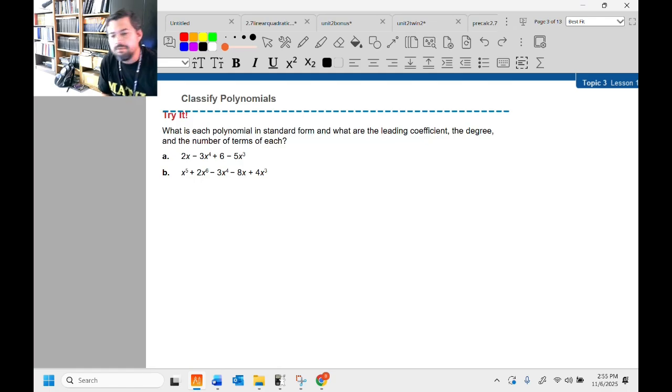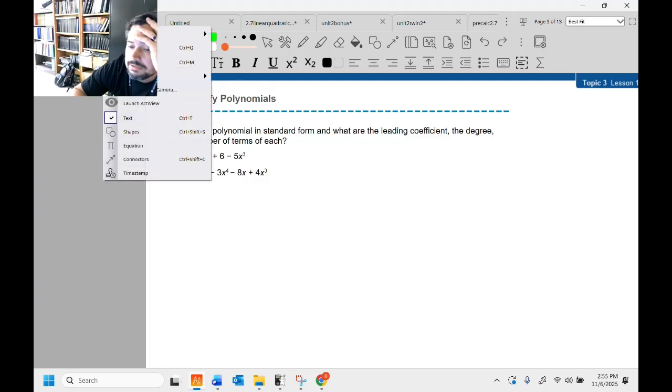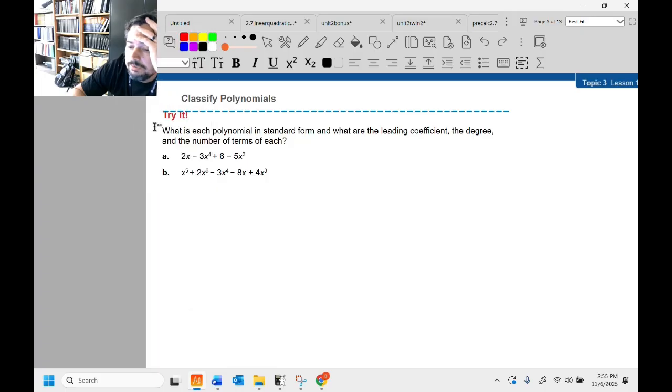All right, so here we have a try it. What is each polynomial in standard form, and what are the leading coefficient, degree, and number of terms of each? All right, so hopefully standard form is not a problem. Let's look at A. First term is the negative 5x cubed. Signs matter. And then I see a minus 3x to the fourth.